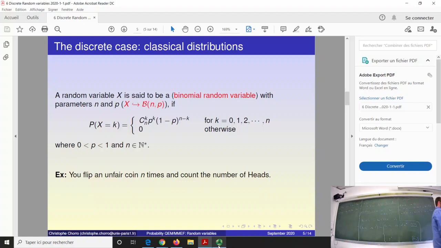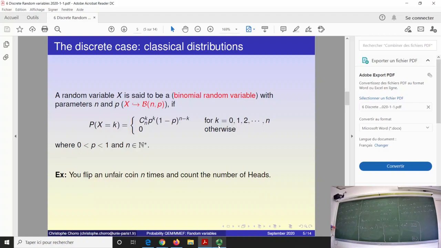And so I can write this sum this way: the probability that x1 plus ... plus xn minus 1 equal to k, times the probability that xn equal to 0, plus the probability that x1 plus ... plus xn minus 1 equal to k minus 1, times the probability that xn is equal to 1.